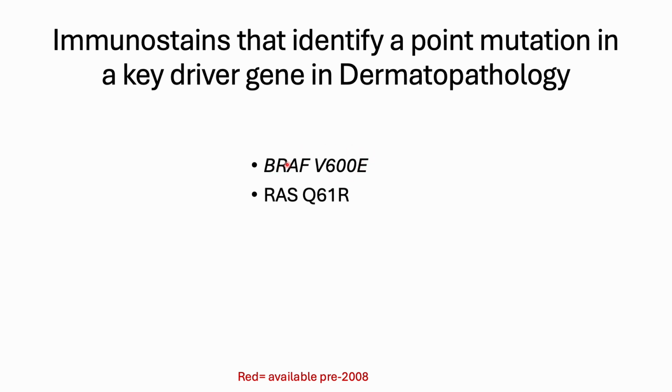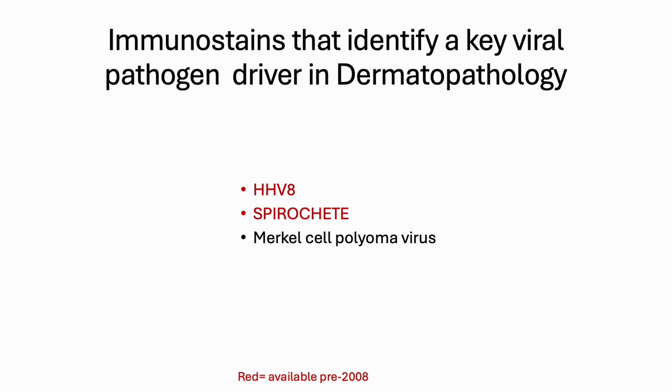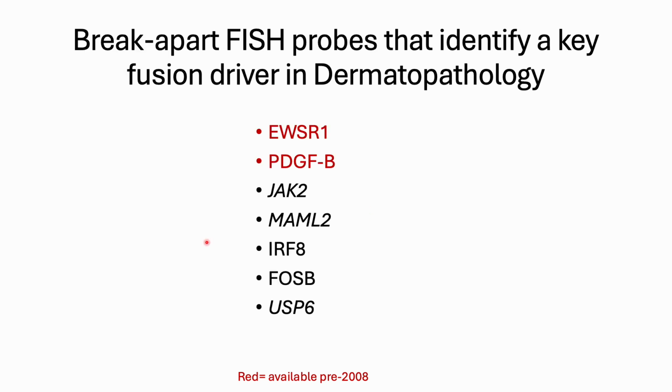BRAF V600E, we've seen the widespread utility of that. And there's also an immunostain that identifies NRAS Q61R as well as HRAS Q61R. Immunostains that identify a key viral pathogen driver in dermatopathology: HHV8, spirochete, and also Merkel cell polyomavirus.